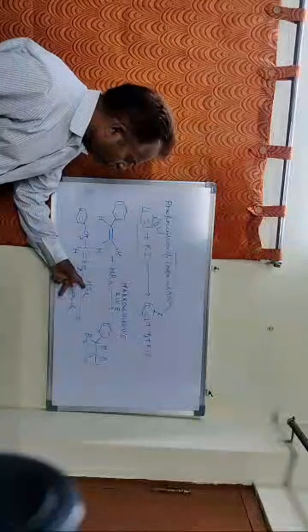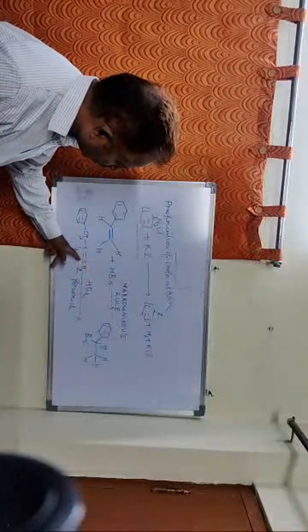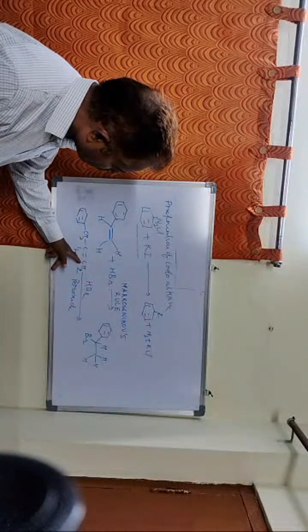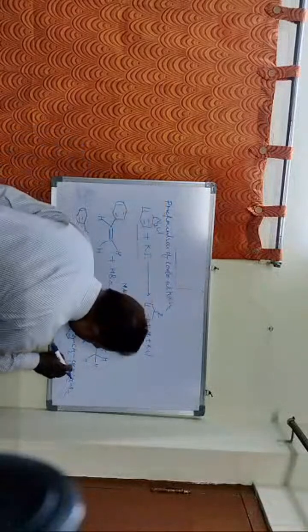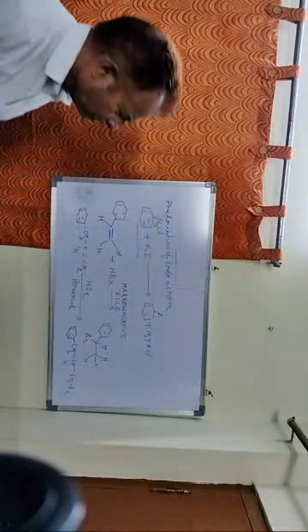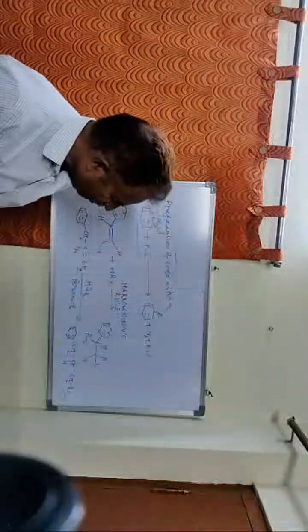Anti-Markovnikov's rule means the negative part of the addendum should be bonded with the carbon bearing more number of hydrogen atoms. That means this carbon. Therefore, what is the product here? The product here is CH2CH2CH2Br. This is a single bond, right? So what is the name of this substance? 3-phenyl 1-bromopropane.